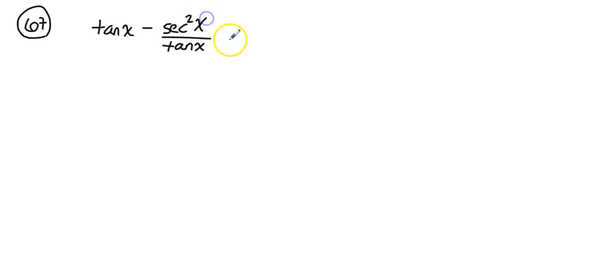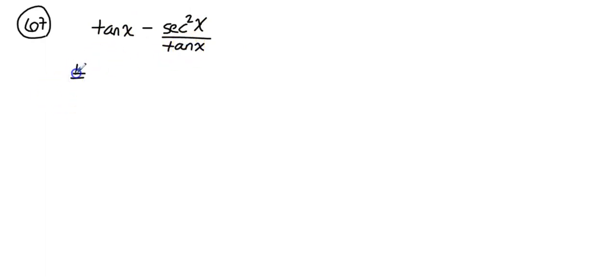Number 67 says tangent of x minus secant squared x divided by tangent of x. So this has 1 as a placeholder in the denominator. This already has tangent of x in the denominator.